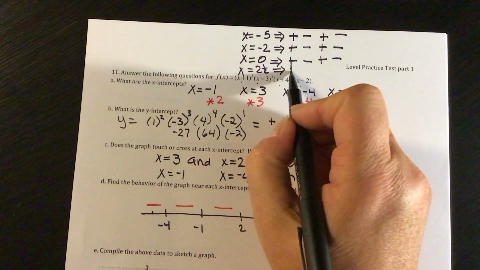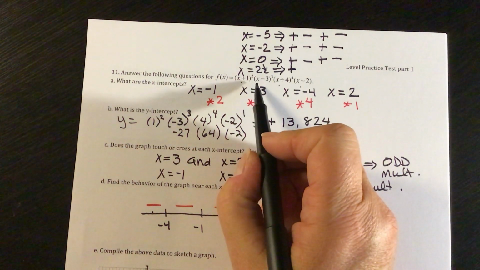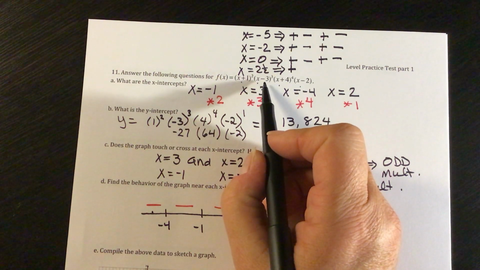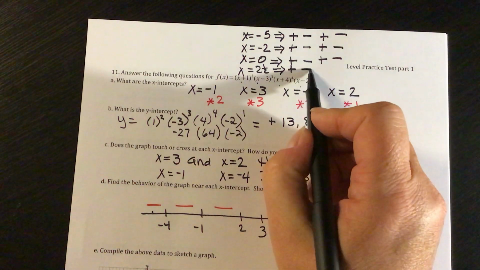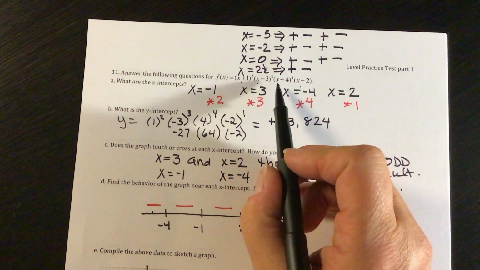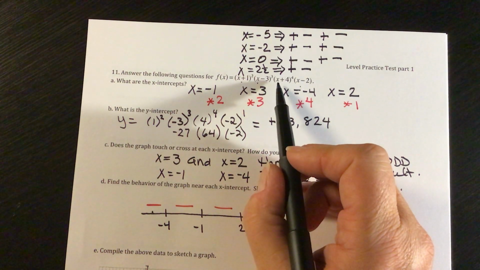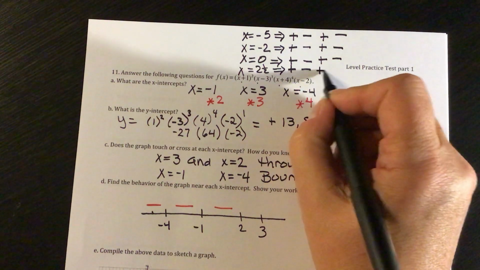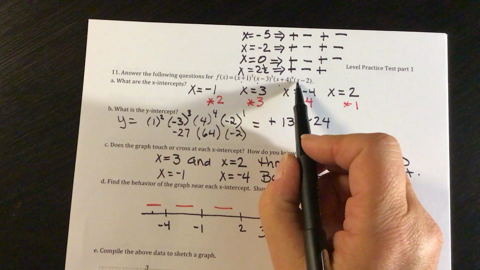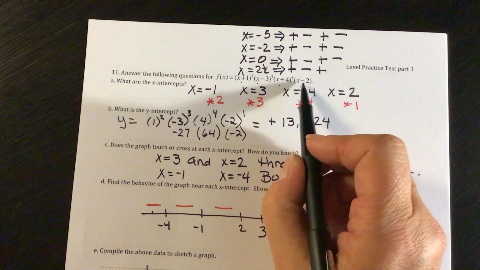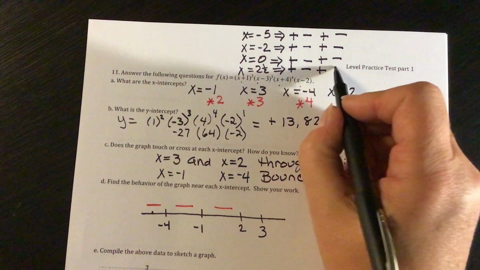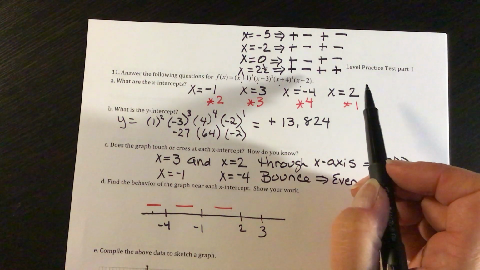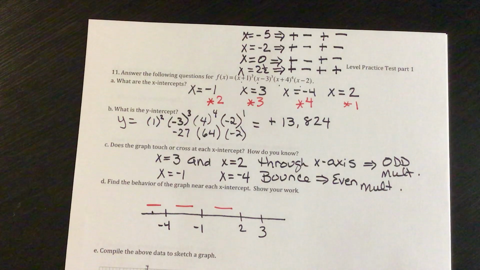Square it, you get a positive. 2.5 minus 3 is a negative, and a negative to the third power is negative. 2.5 plus 4 is positive. Positive to the fourth power is positive. And 2.5 minus 2 is positive 1/2, so this is positive.